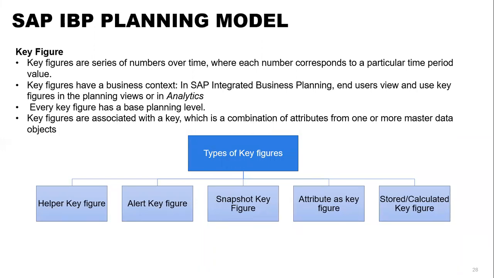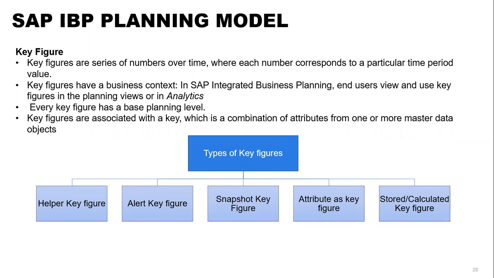If it exceeds 100, immediately give an alert, immediately it should be highlighted in the planning view. So if you have those kinds of conditions, or to validate those conditions, we can utilize this alert key figure concept. Basically, the alert key figure is to generate alerts based upon the conditions you have defined for the respective key figures.